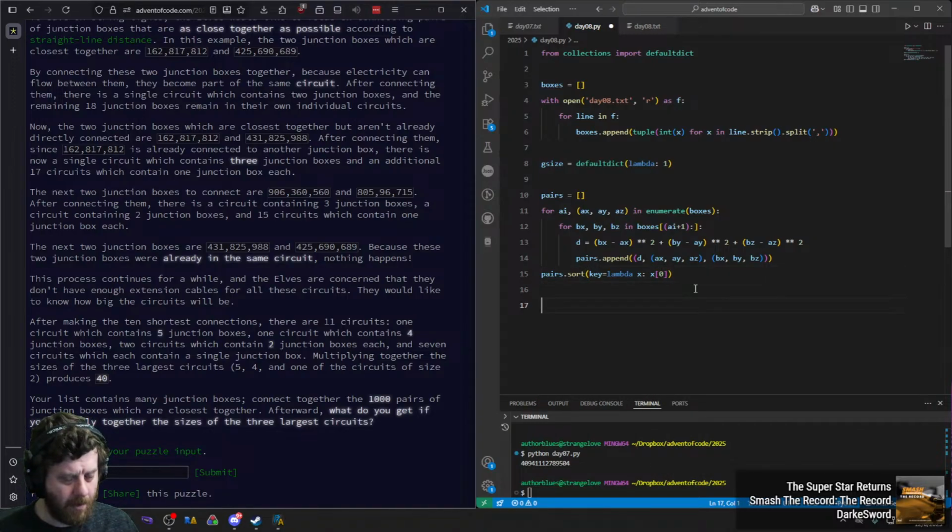Okay, so I sorted that, and now I want to basically take all the smallest connections and combine them.